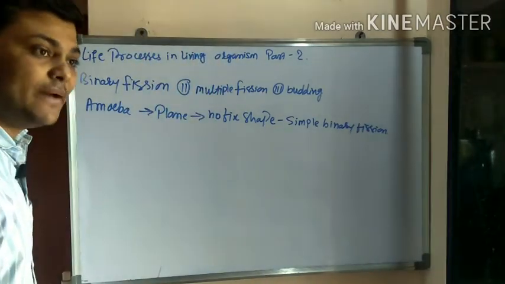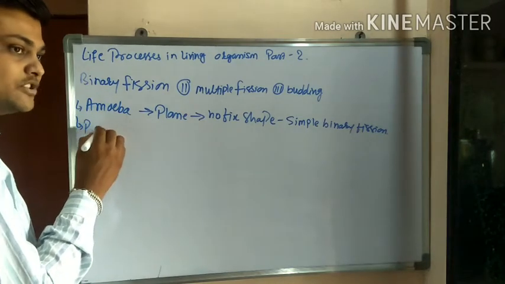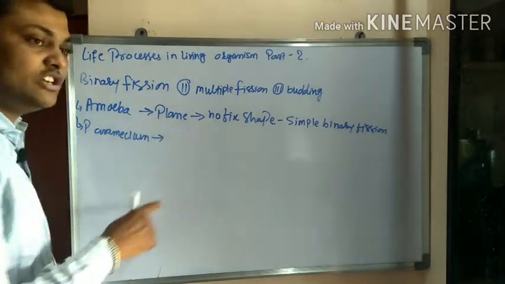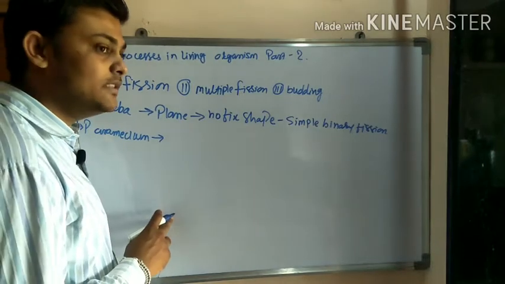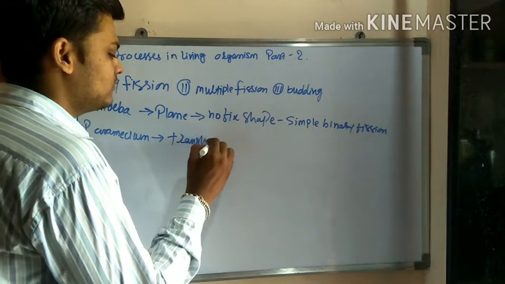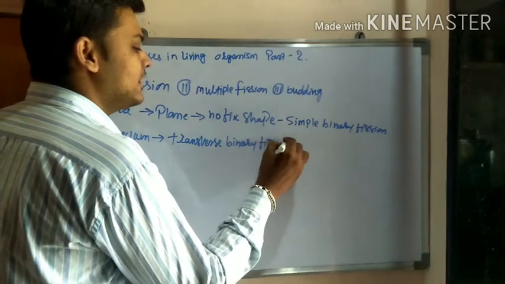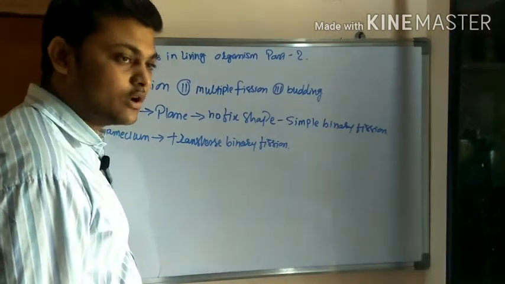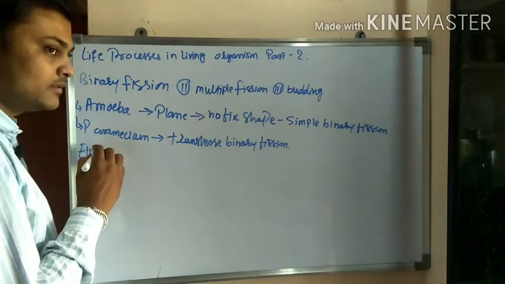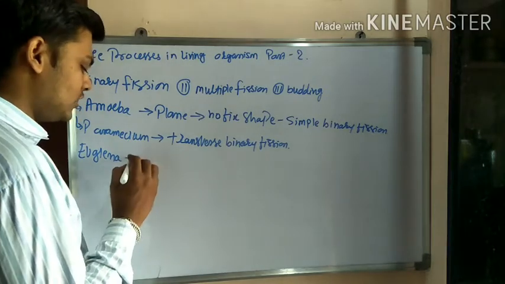The second one is Paramecium. In Paramecium, transverse binary fission occurs, and in Euglena, longitudinal binary fission occurs.